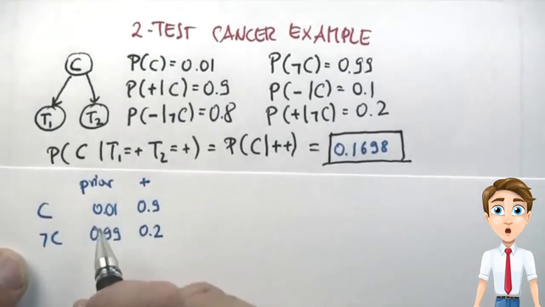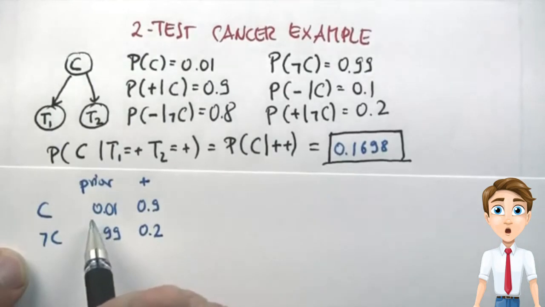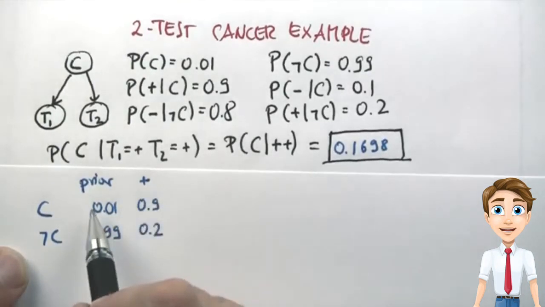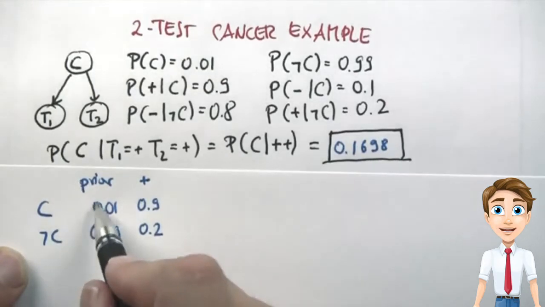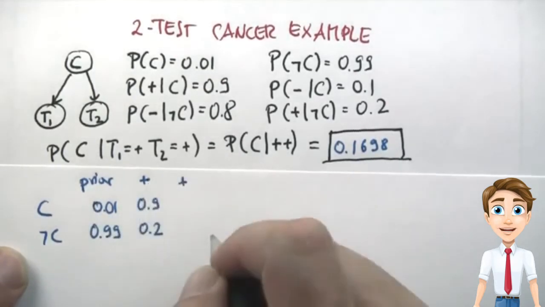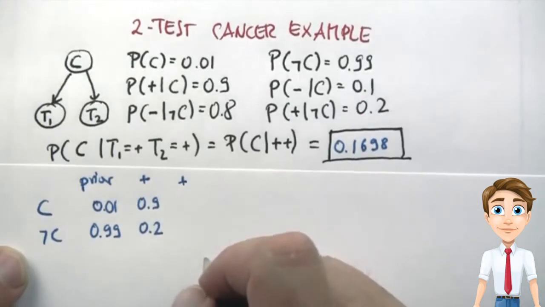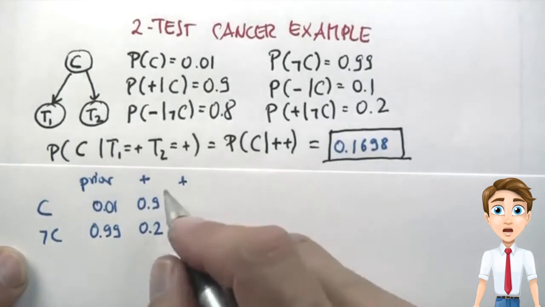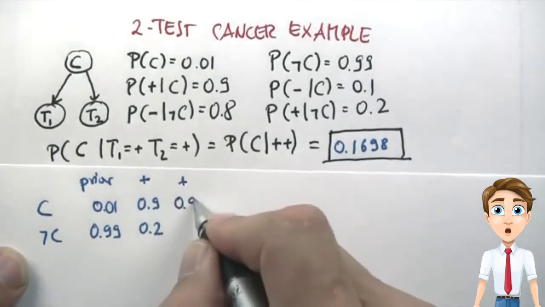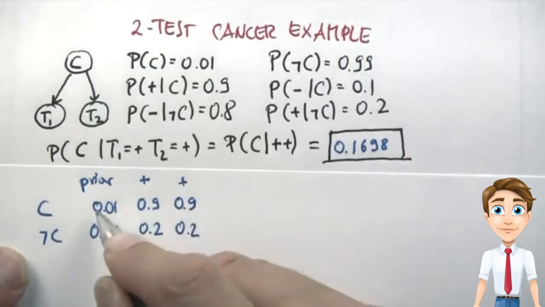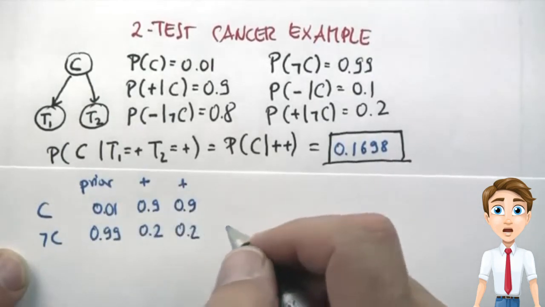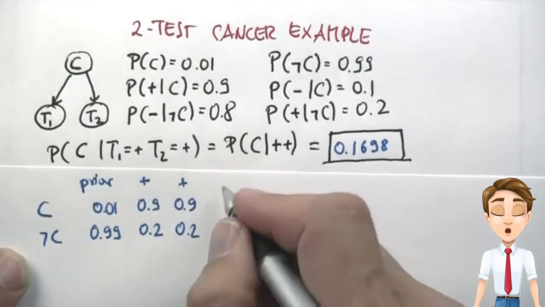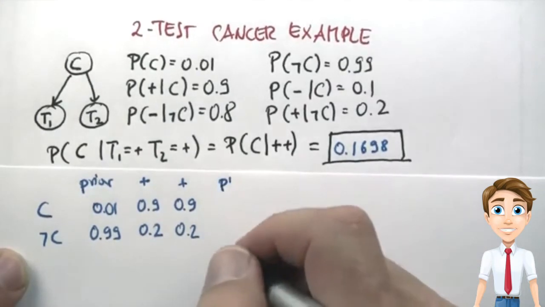So according to the non-normalized Bayes rule, I now multiply these two things together to get my non-normalized probability of having cancer given a plus. Since multiplication is cumulative, I can do the same thing again with my second test result, 0.9 and 0.2, and I multiply all of these three things together to get my non-normalized probability P prime to be the following.